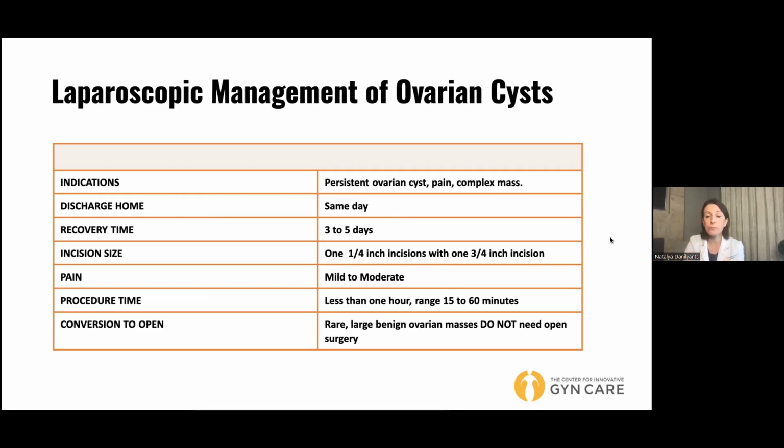For example, yesterday I did surgery on someone who's very young, and she presented with pelvic pain and very painful periods, and the ultrasound identified cysts on both ovaries that were thought to be endometriomas, or endometriosis cysts.